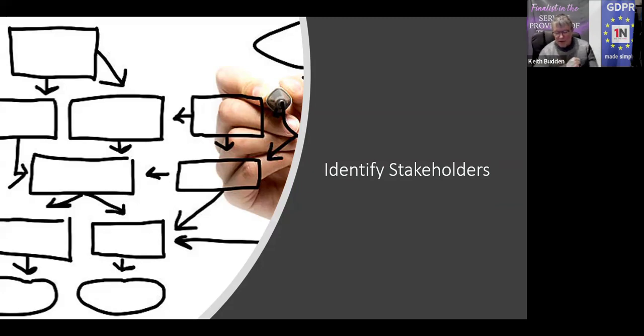So you want to look at sales, marketing, HR. If you've got a pensions department, you want to look at pensions. You've got all these different departments that you want to check with as to what personal data they have, and get them to do the diagram for you. What do they do within their department with the data, even if they pass the data on to another department?